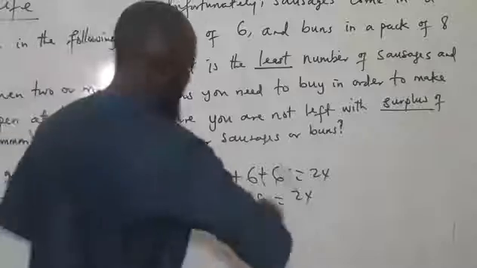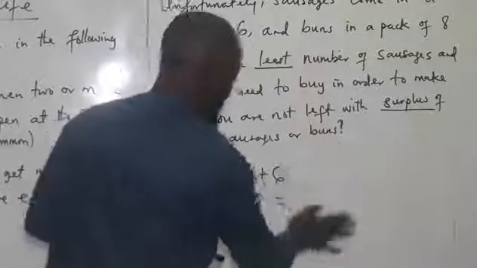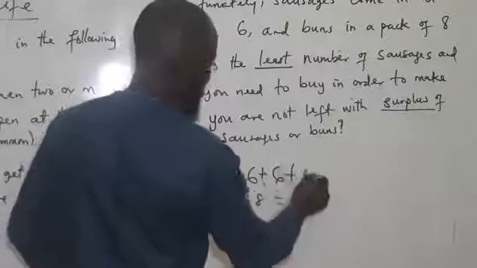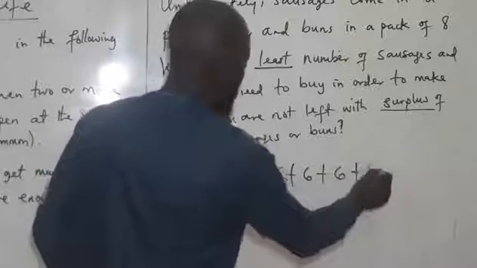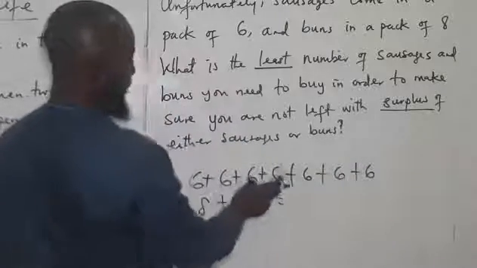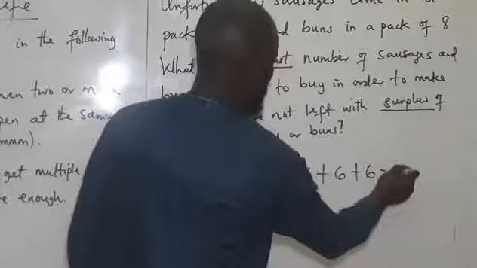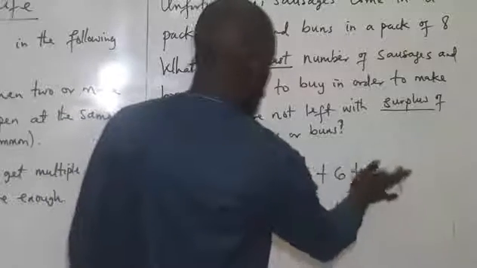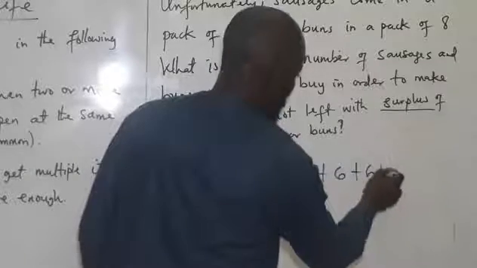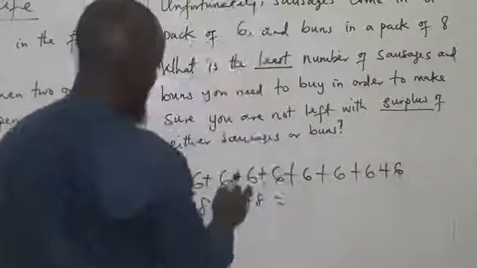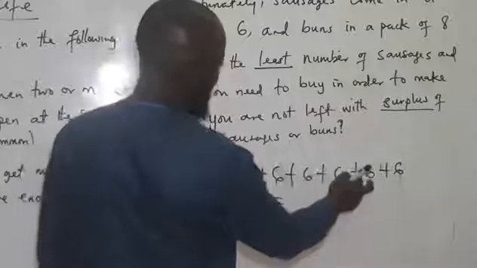So if I add 6 to this one, plus 6 plus 6 plus 6. 1, 2, 3, 4, 5, 6, 7. That is 42, right? Plus another 6. 1, 2, 3, 4, 5, 6, 7, 8.